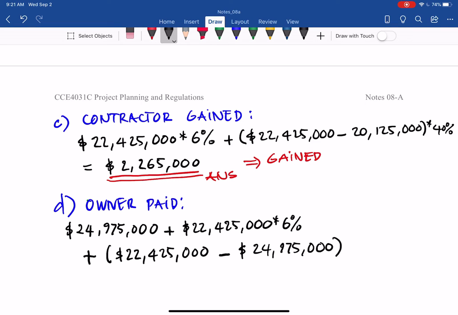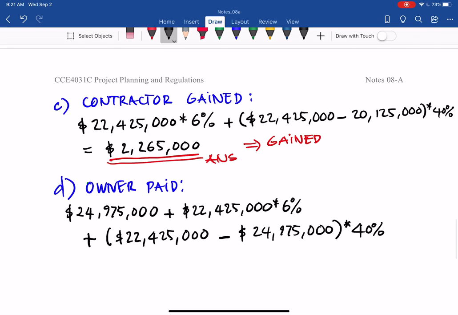And that overrun, the contractor has to take care of 40%. So with that in mind, you can pay the first, but because of that overrun, the contractor has to take care of 40%, so the owner will hold back the third component in this equation. So from that, the owner paid 25,350,000.